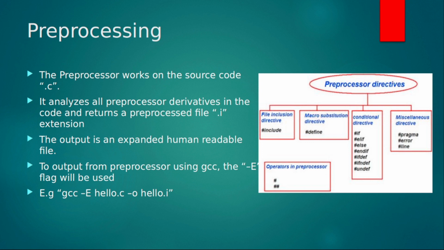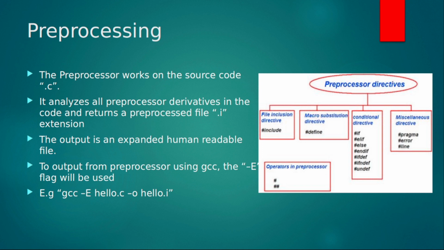Everything that you are including with include will be expanded. And if you use other directives, for example, you define a macro, we will talk about those things later. If you define a macro, the macros used in your code will be replaced in the code by the preprocessor.